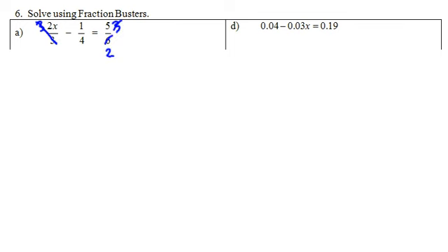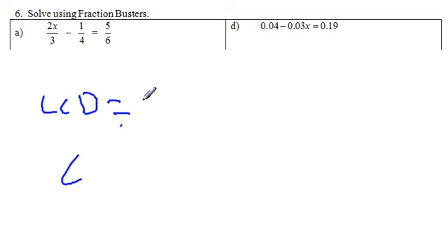over. So what we need to bust the fractions is an LCD that 3 can divide into, and 4 can divide into, and 6 can also divide into. So for our LCD, what's a number that 3 can divide into, 4 can divide into, and 6 can also divide into?